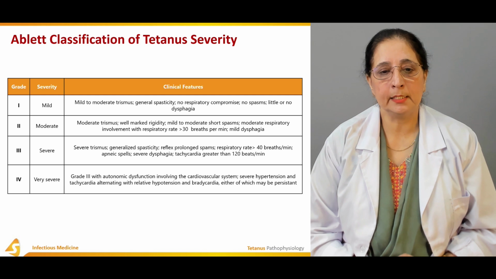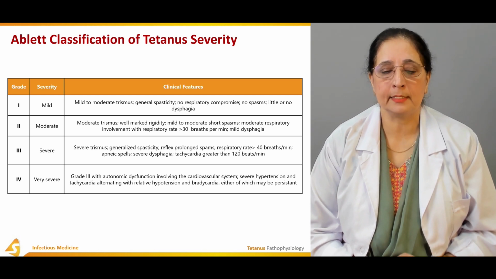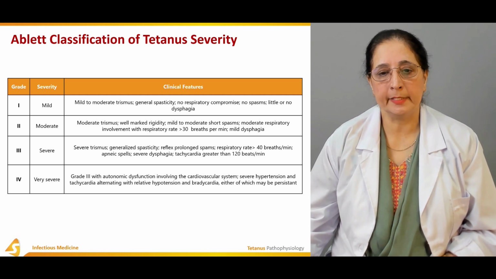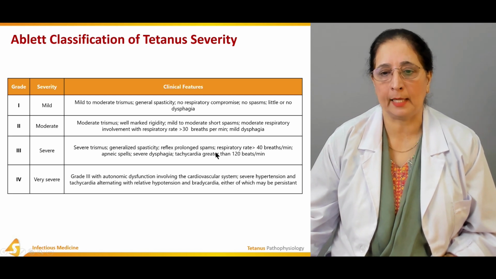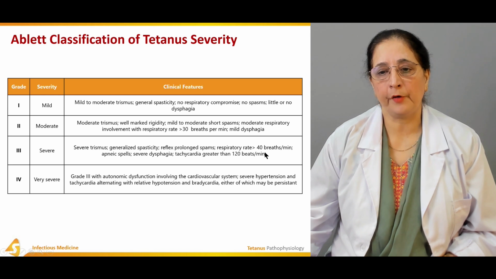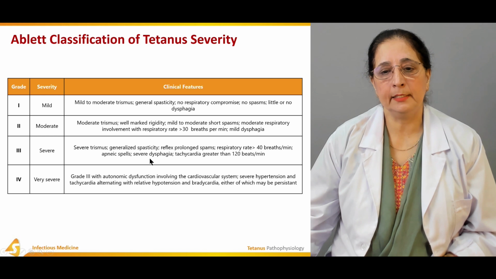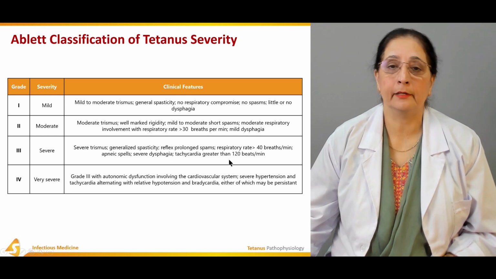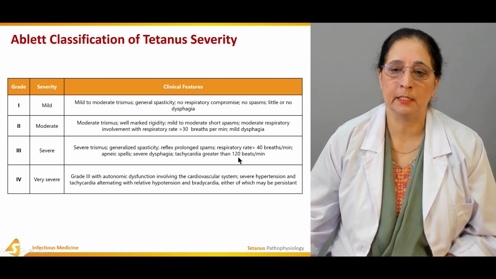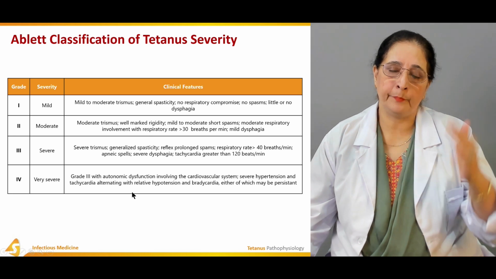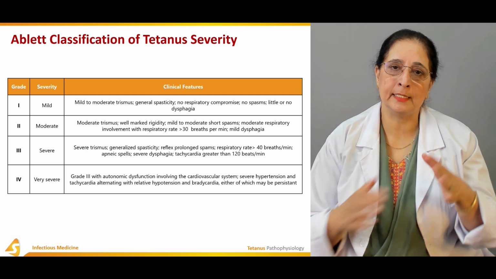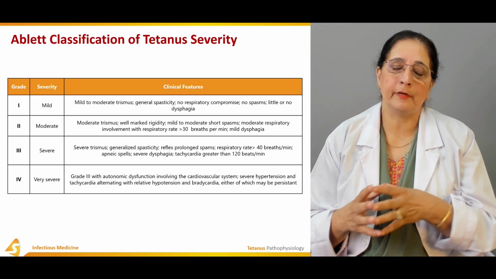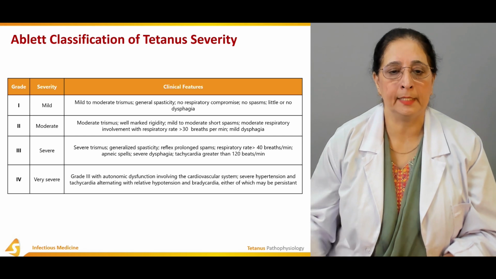Then the third stage, which is the severe state: severe trismus, generalized spasticity, reflex prolonged spasm, respiratory rate more than 40, apneic spasms, severe dysphagia, and tachycardia greater than 120 beats per minute. So the severity of the illness is increasing and the prognosis is decreasing with the progress of the illness.